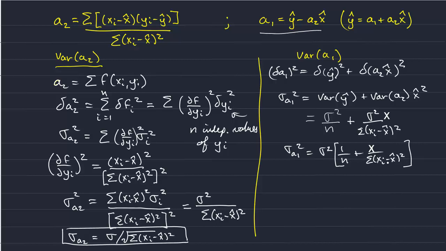And we can show, I won't, but you could show with a little bit of algebra that we can perform this sum by finding the common denominator, and the solution we get is sigma squared times the sum of xi squared all over the sum of square deviation of x from the mean.